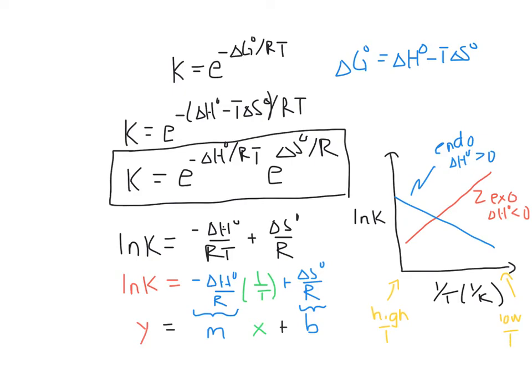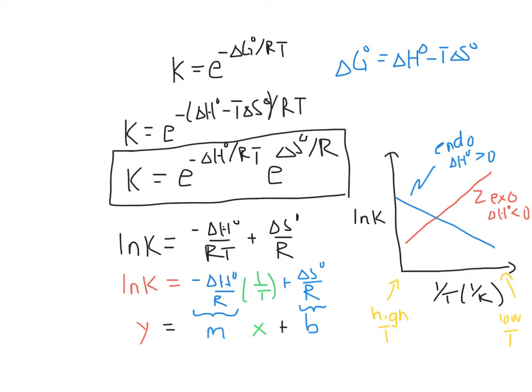And so when I look at this graph, I have to remember that 1 over T means that my larger temperatures are over here and my smaller temperatures are over here. So this means that for an exothermic reaction, my equilibrium constant will decrease as I increase the temperature. And for an endothermic reaction, my equilibrium constant will increase as I increase the temperature.